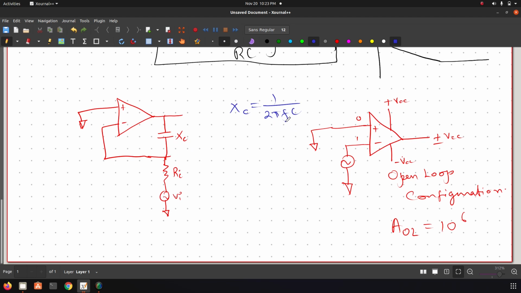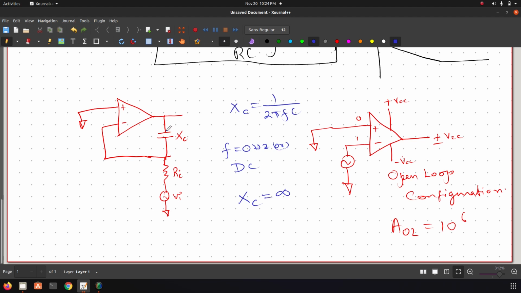If F is very low, or for a DC source, which is 0 hertz, a constant case, then F is 0. In that case Xc equals infinity.